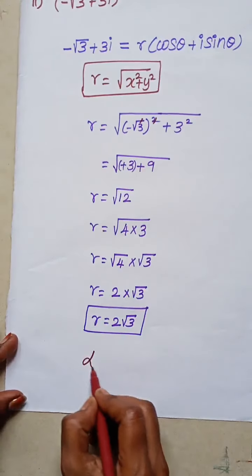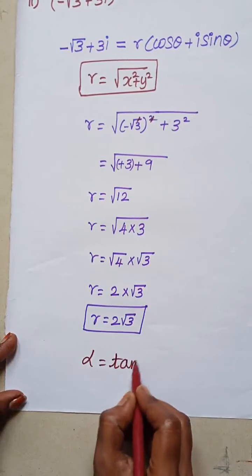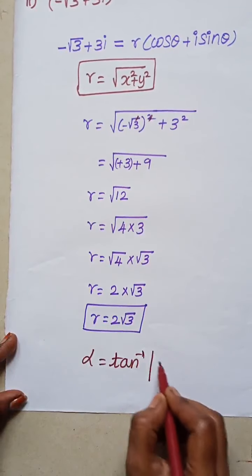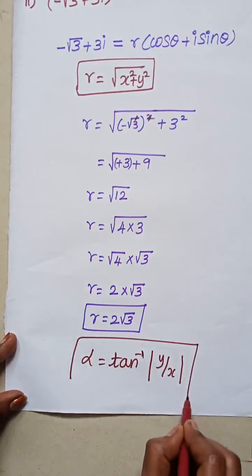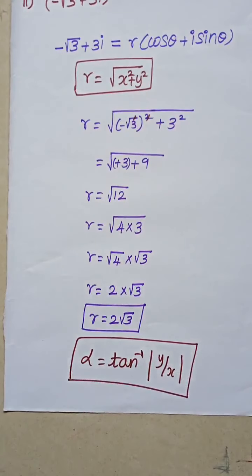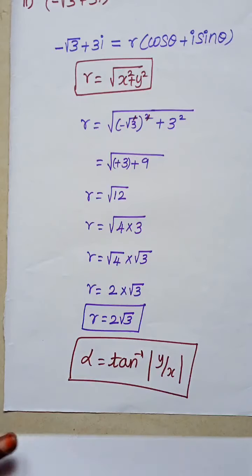Alpha is equal to tan inverse of modulus y by x. What is y here? 3. And what is x here? Minus root 3.